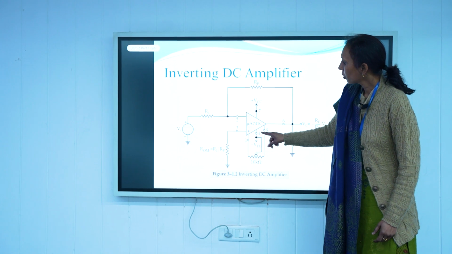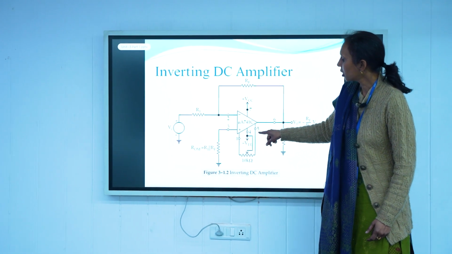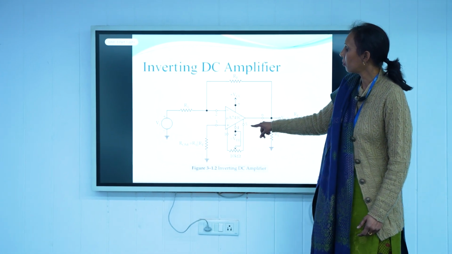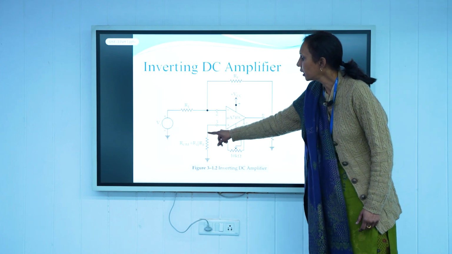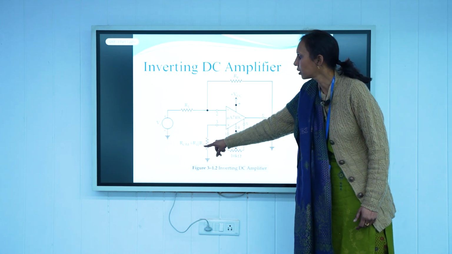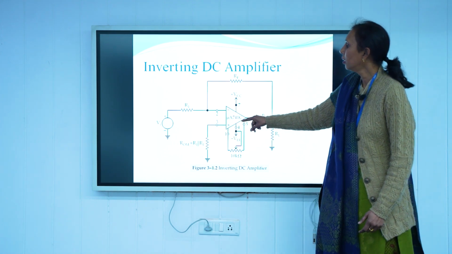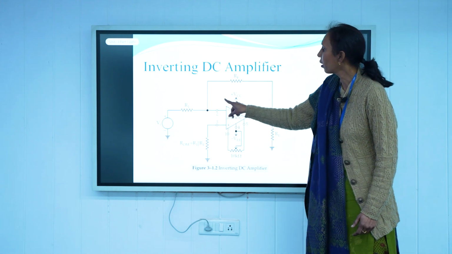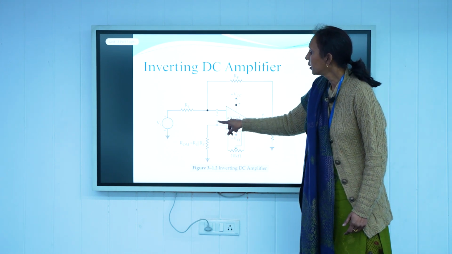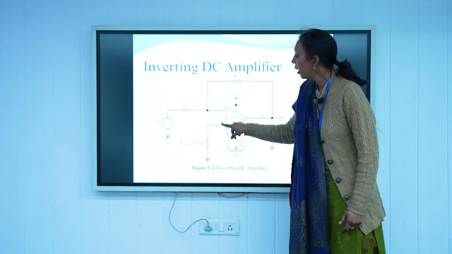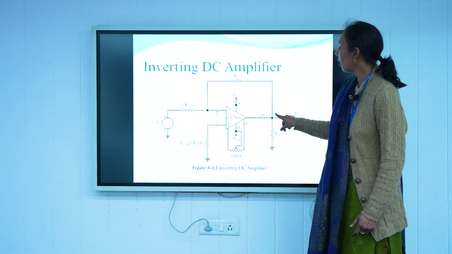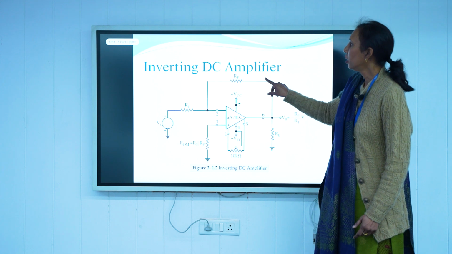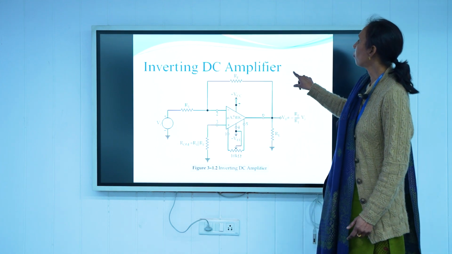First, we can connect a potentiometer between pin number 1 and 5. Second, we can use the offset minimizing resistor. Offset minimizing resistor means we take the parallel combination of R1 and RF, which we have already done at the inverting terminal. The same connection we can perform at the non-inverting terminal, so that we will be able to nullify the output. In this way, the inverting DC amplifier works.